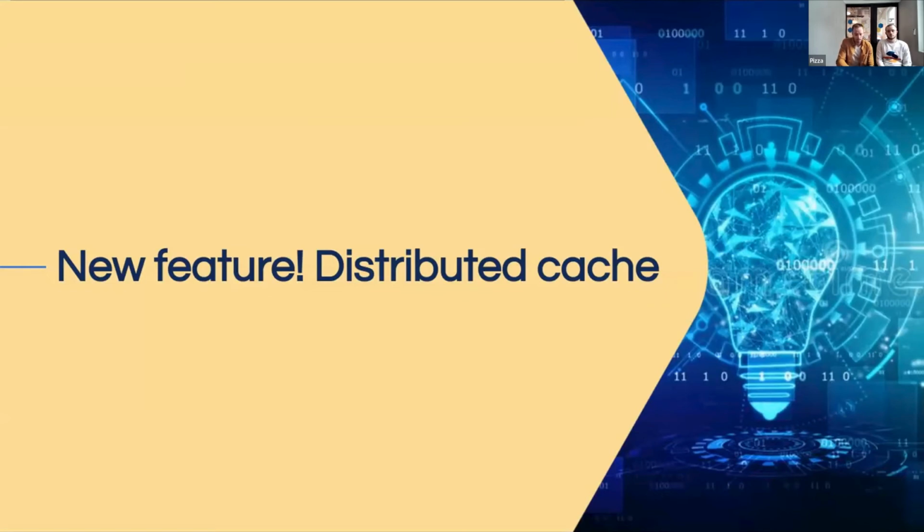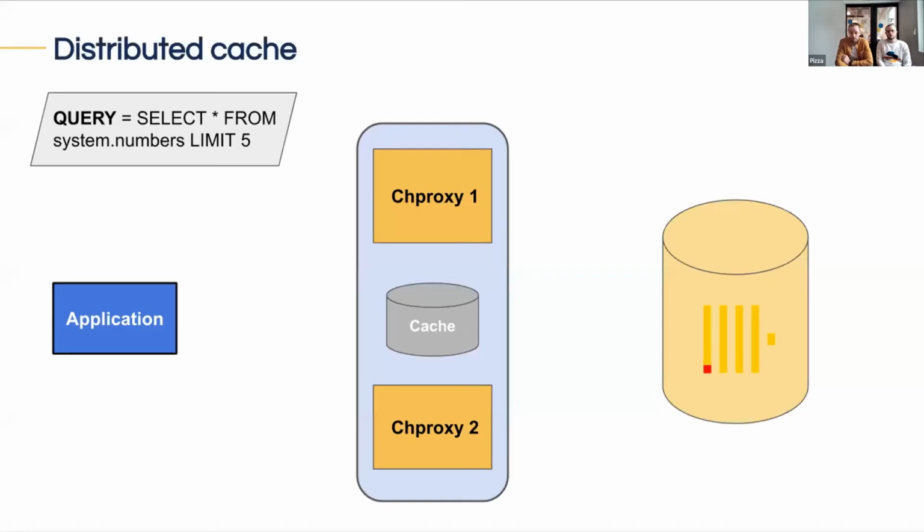Let's have a look again at the former scenario, except that this scenario will be using the distributed cache. So instead of having one cache per replica, we will have one cache shared across two replicas. And we will replay the scenario again.